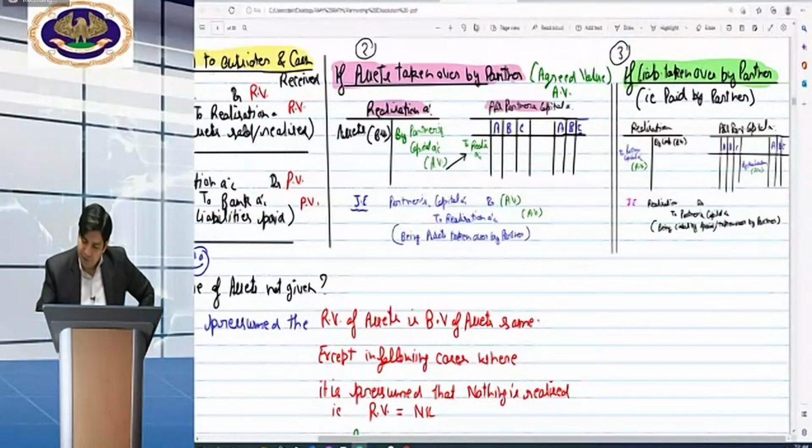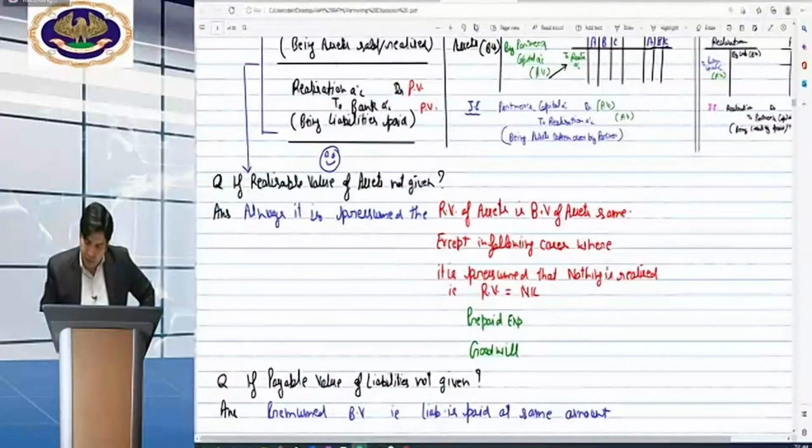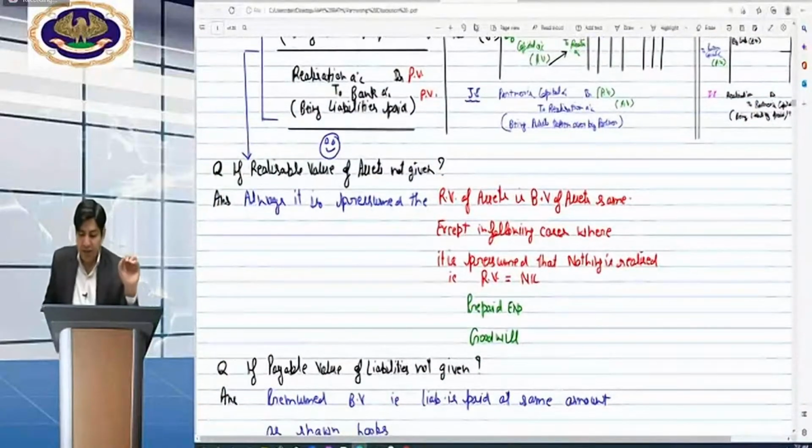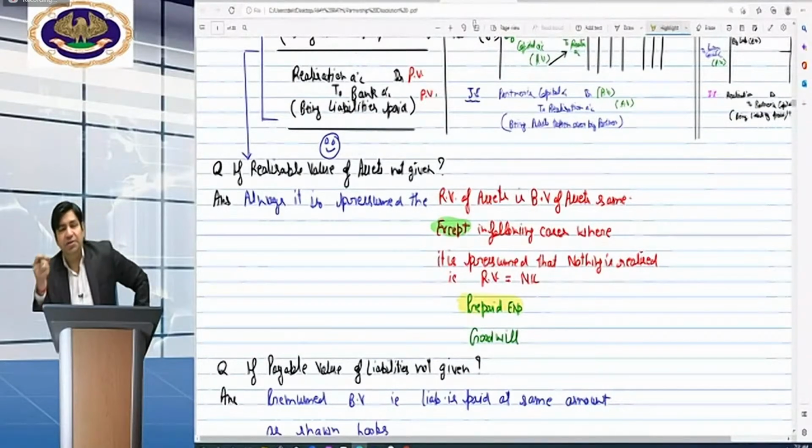Okay, beta. Now what? I have already written and explained this to you many times. It is always presumed to be at book value, except for these things. There are only two things, beta, which we have to keep in mind for the exam. Number one, prepaid expenses.